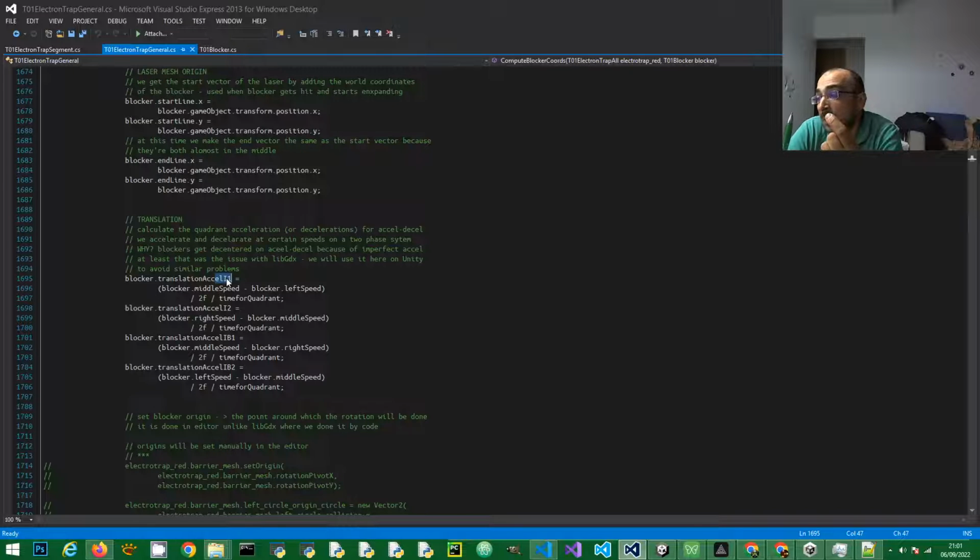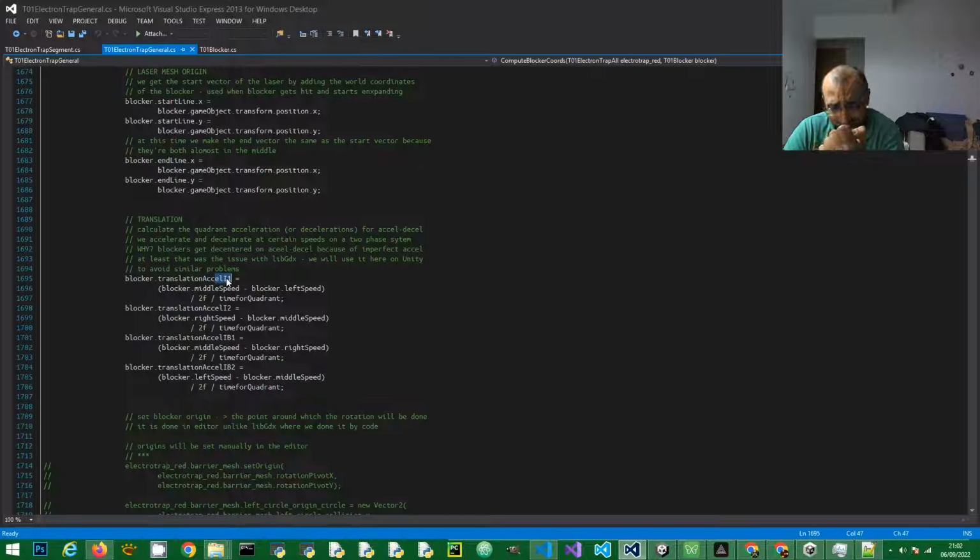We know from physics class that acceleration is speed divided by time, or another way to put it is distance divided by time divided by another time.